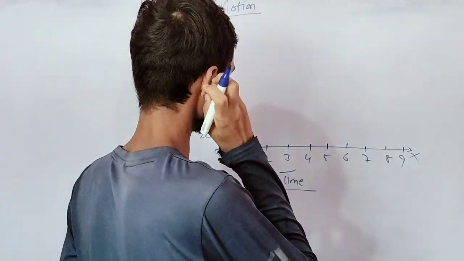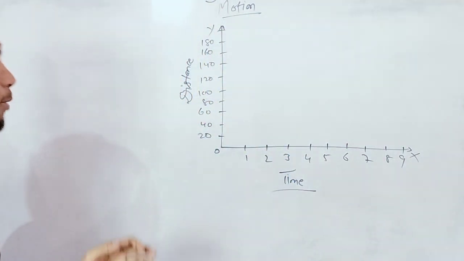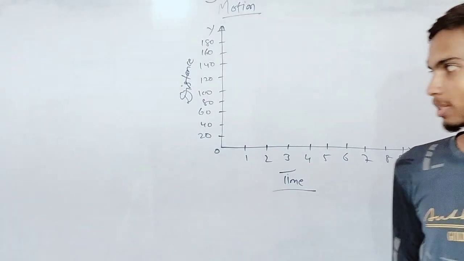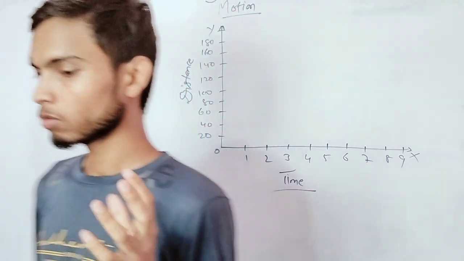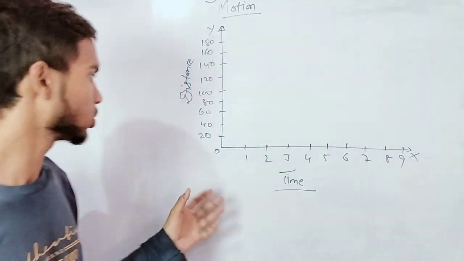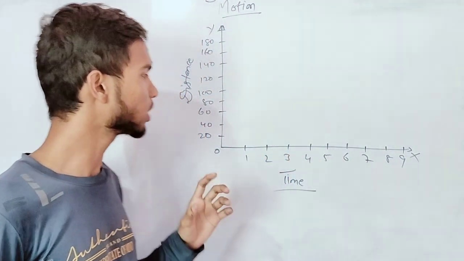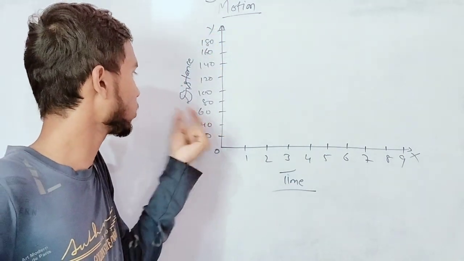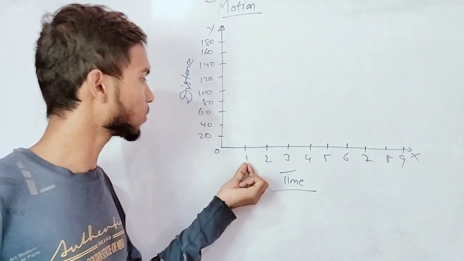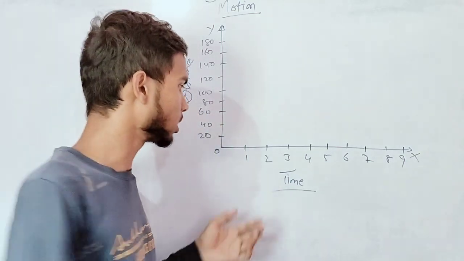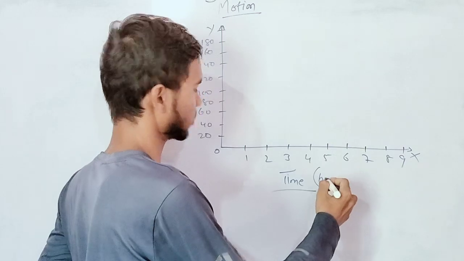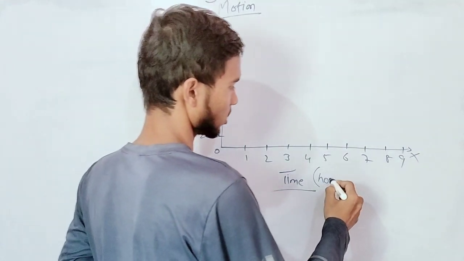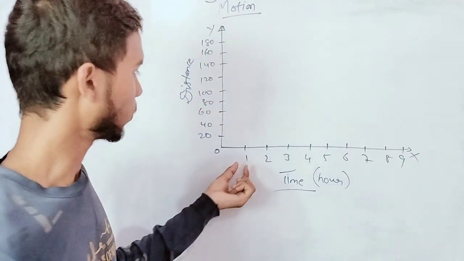Now here I am going to draw a curved line, not a straight line. So remember, this will tell you time, this will tell you distance. 20 is a distance, 40 is a distance, 60 is a distance. This one you can say in hours. 1 hour, 2 hours.